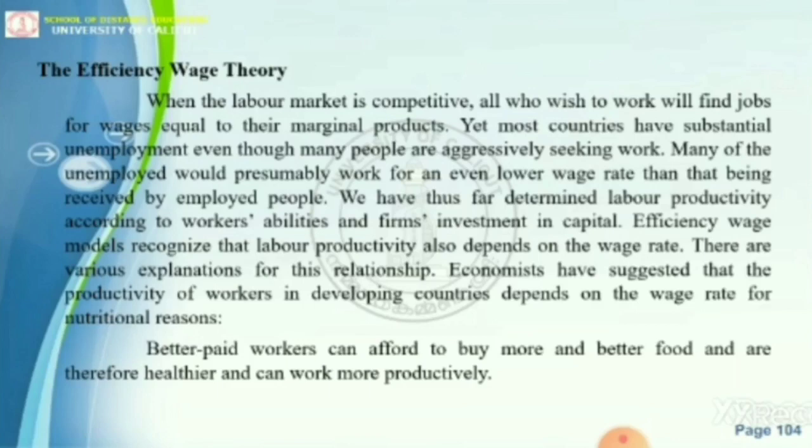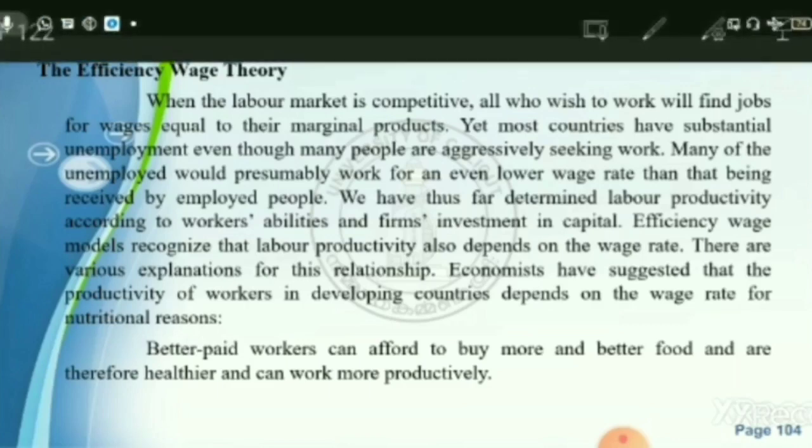Many of the unemployed would presumably work for an even lower wage rate than that being received by employed people. We have thus far determined labor productivity according to workers' abilities and firms' investment in capital. Efficiency wage models recognize that labor productivity also depends on the wage rate. It's very important.